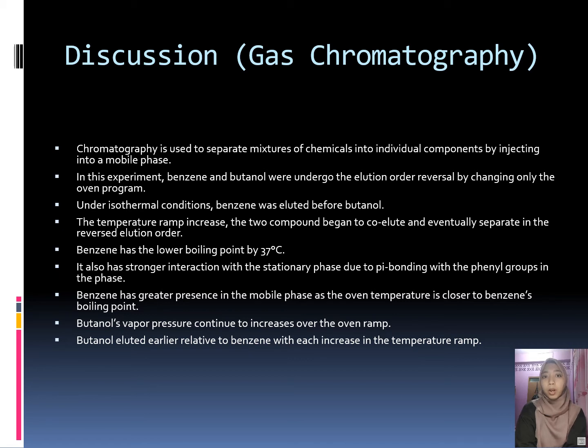If the boiling points are compared, benzene has the lower boiling point by 37 degrees Celsius. Benzene also has stronger interaction with the stationary phase due to pi bonding with the phenyl groups in the phase.